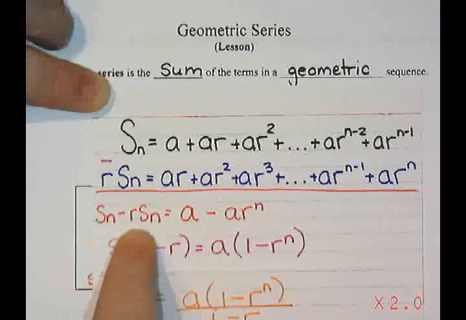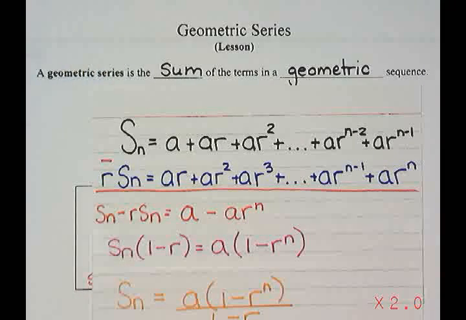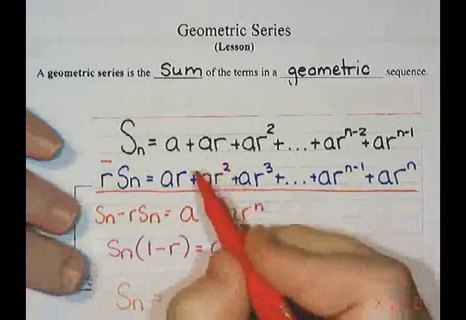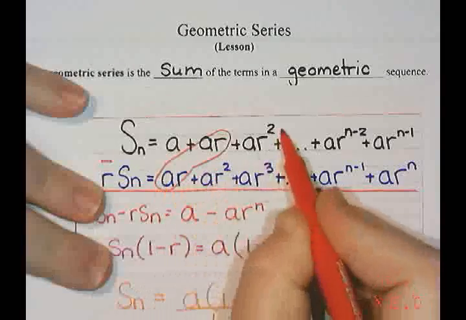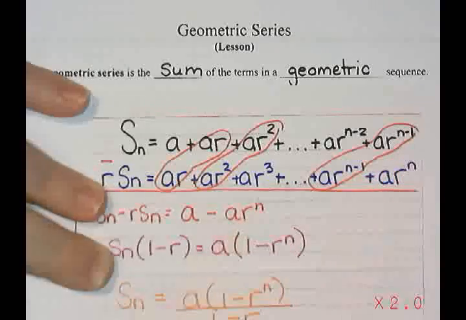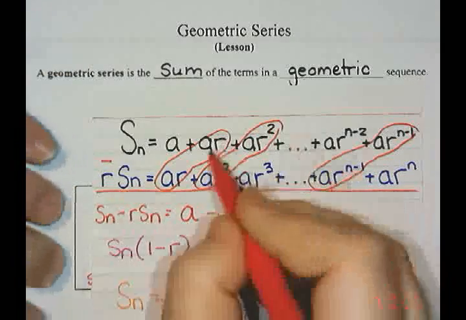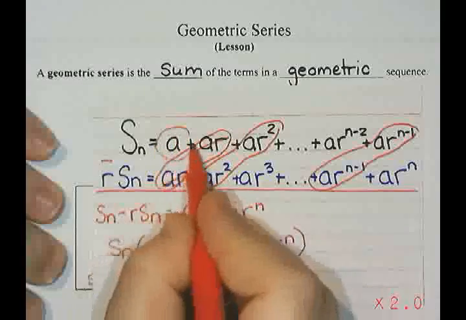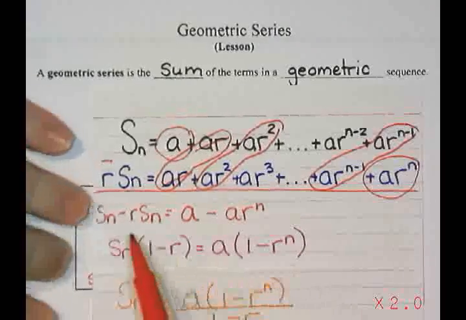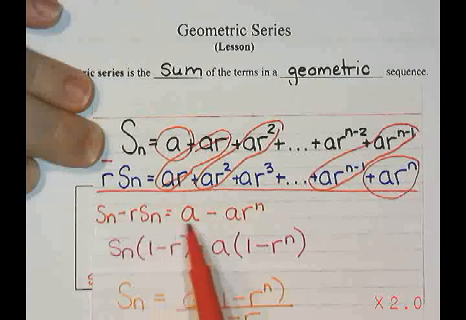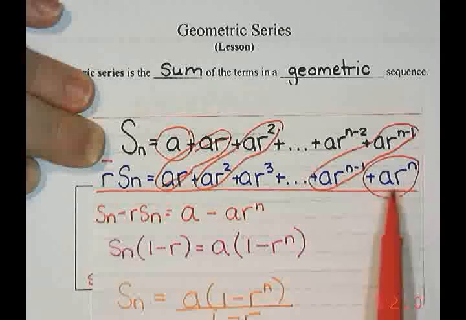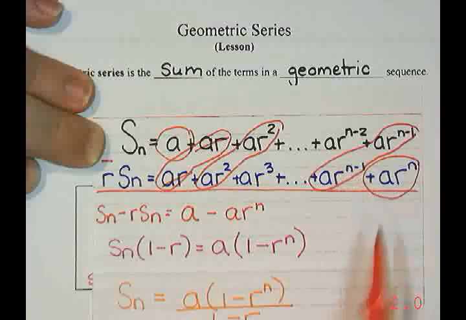So I wrote Sn take away R times Sn equals, and then I have A, and I could do A take away AR, but I noticed that there were matching terms here and here, here and here, and it goes all the way down the line, that all of the terms match up and will subtract out, except for that A at the beginning and that A R to the power of n at the end. So here we just get Sn take away R times Sn is A, and then take away, because this is the one on the bottom, A times R to the n. Everything else has a matching one that it subtracts out with.